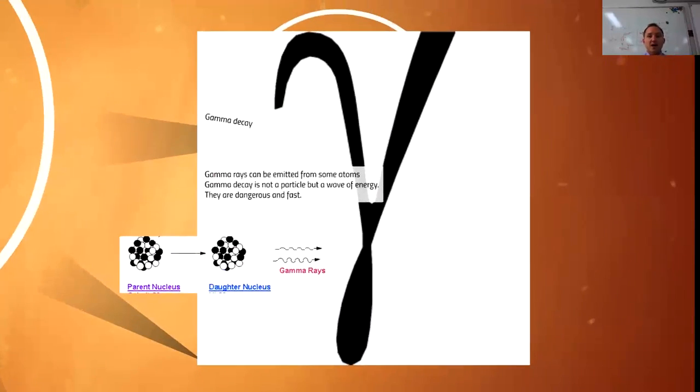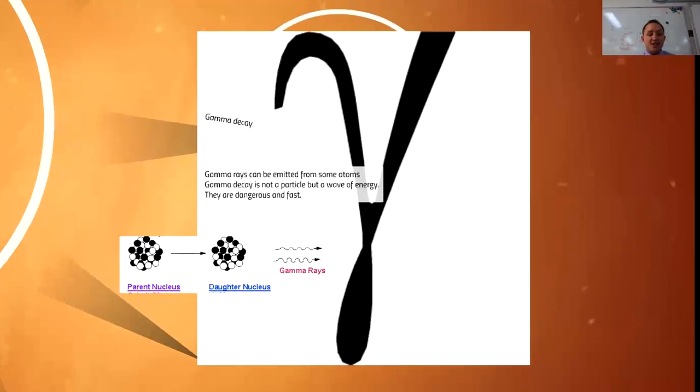The last type of decay we're going to talk about is known as gamma decay. Gamma decay is a type of decay you don't want to go anywhere near. It's dangerous. It's like a very powerful X-ray, and instead of being a particle, it is actually a wave. So it moves around just like other waves do in the electromagnetic spectrum.